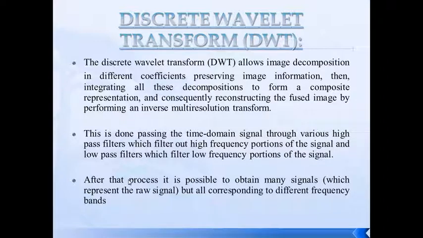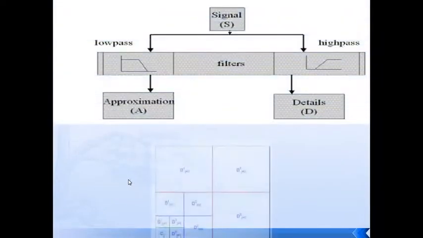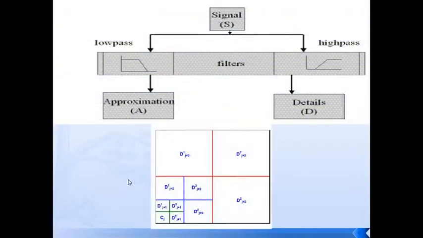What it does entirely is it takes the image, which can be represented as a raw signal, and from there we obtain many other signals, all corresponding to different frequency bands but representing the same raw signal, best described in this flow chart. So we have a signal, we pass it through various filters, a low pass and a high pass filter. When you pass through the low pass filter, we get an approximation coefficient, and from the high pass filter we get detail coefficients.